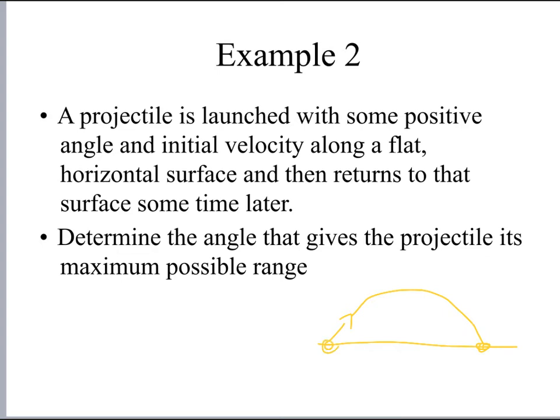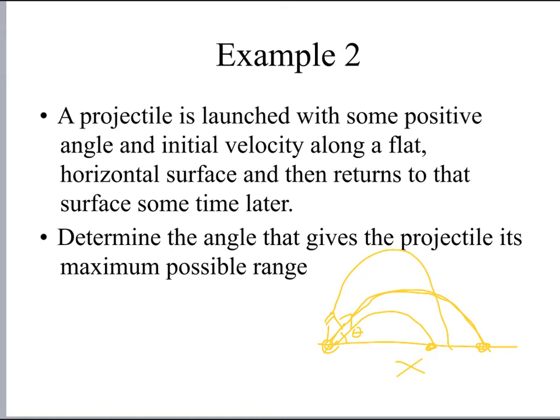This projectile is launched with some initial velocity and some angle theta, and we want to find the angle theta that gives us the maximum range. In other words, if I shot it at a bigger angle, the projectile might do something like this, but it wouldn't go as far. If I shot it at a smaller angle, it might do something like that. It wouldn't go as far. So I want to find the angle so that the projectile goes the maximum horizontal distance.